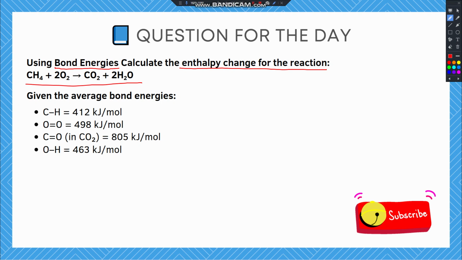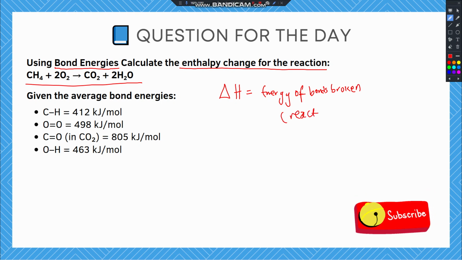So to start off this question, the first thing we need to know is that when it comes to bond energies, the enthalpy change delta H is simply equal to the energy of bonds broken, which represents the reactants, minus the energy of bonds formed, and this represents the products.